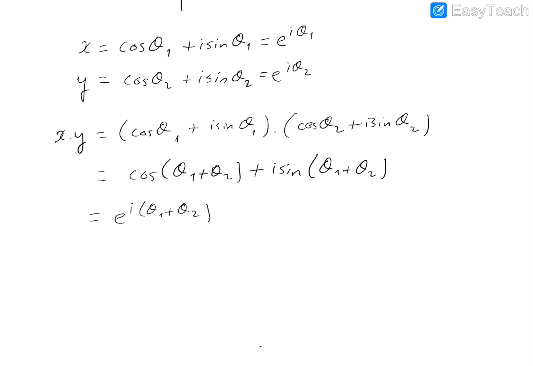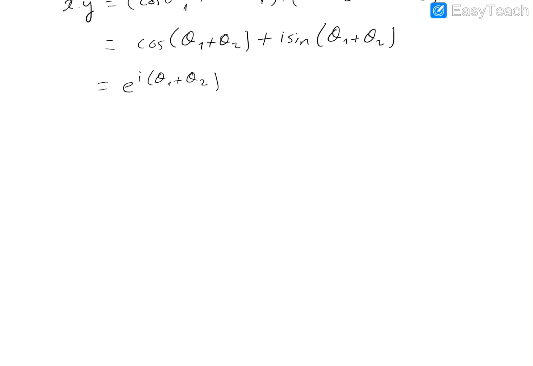Okay, so let's now consider the nth roots of complex numbers. Given a complex number in the polar form, its nth root is c to the power 1 over n, and this is rho to the power 1 over n times theta.